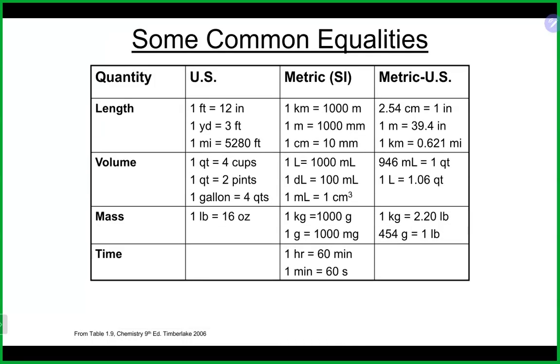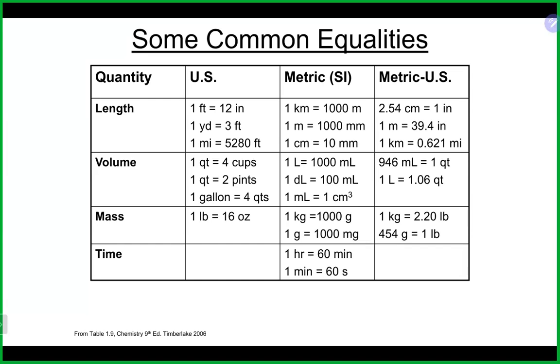So let's take a look at some of these common equalities. Remember that there's two types of units: the English, which is also sometimes referred to as US units, and the metric units. When we talk about using equalities or conversion factors that are exact numbers, there are a couple of things we want to think about. The first thing is if it is an English to English conversion, you're good to go.